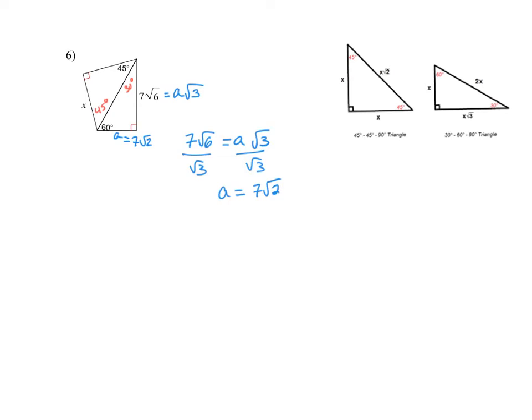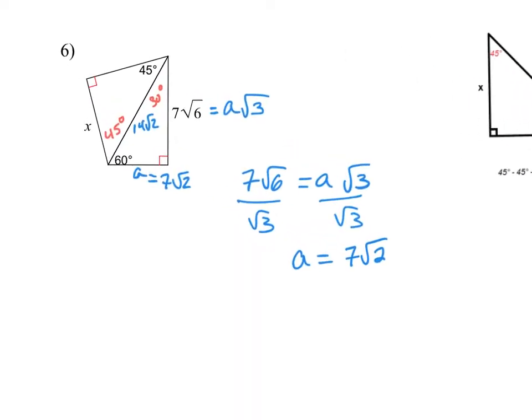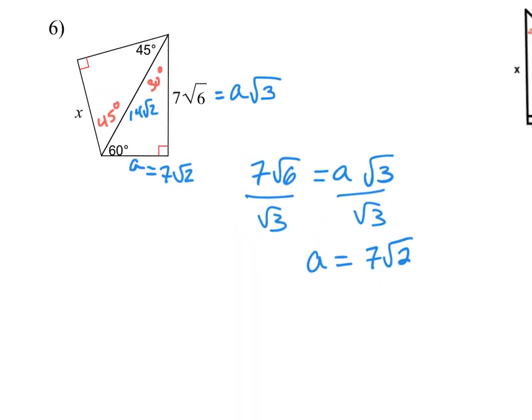Now I need to find the hypotenuse, because we know that the hypotenuse is 2 times the smallest side. So this one is 14 square root of 2. Now that I have that the hypotenuse is 14 square root of 2, I can find x.